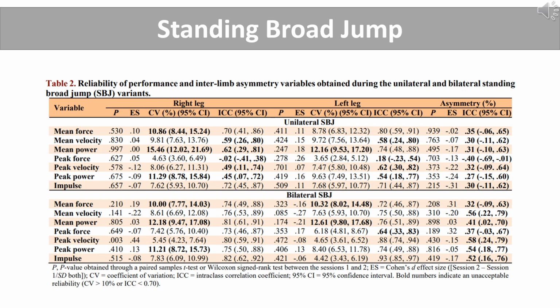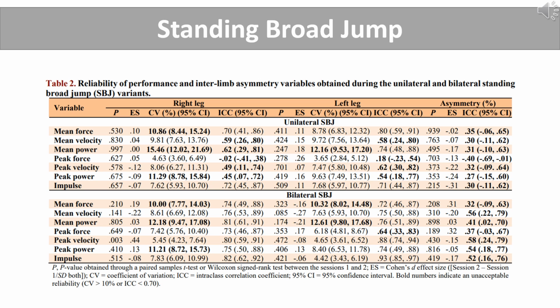And the final jump assessment I said we'd focus on is the standing broad jump, which for anyone who's unsure is effectively just a long jump from a static stationary start. Now, this is a really good study that looked at the test-retest reliability of various different metrics when the assessment was conducted on a force plate, and also conducted unilaterally and bilaterally.